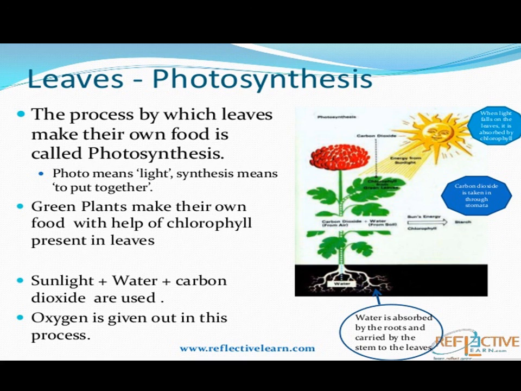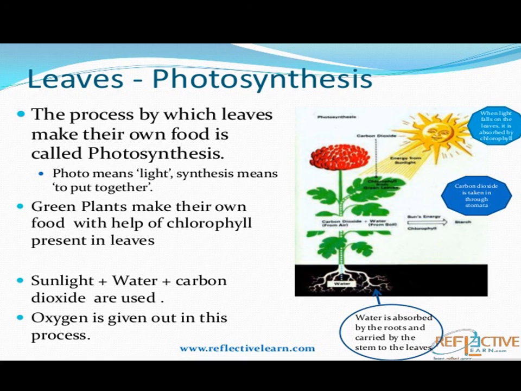So what does that mean? Sunlight comes from the sun. Water, the plant takes up from the roots, from the ground. So the root helps the plant to take up the water present in the soil. So water is taken by the roots, sunlight is provided by the sun and the carbon dioxide is present in the air.